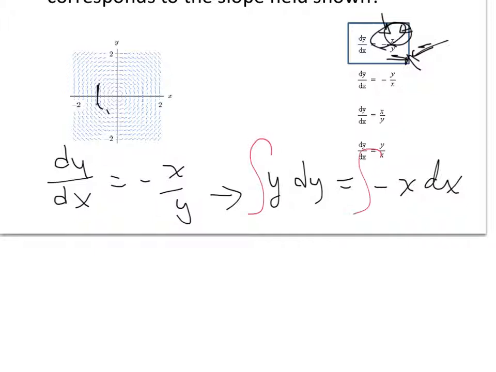You integrate both sides. So right away you see you're going to get these squares going on. y squared over 2 equals minus x squared over 2 plus c. Of course, when you bring that over, it's going to cancel out. So you're going to certainly see you're going to get a circle. And what's that? The equation for a circle.